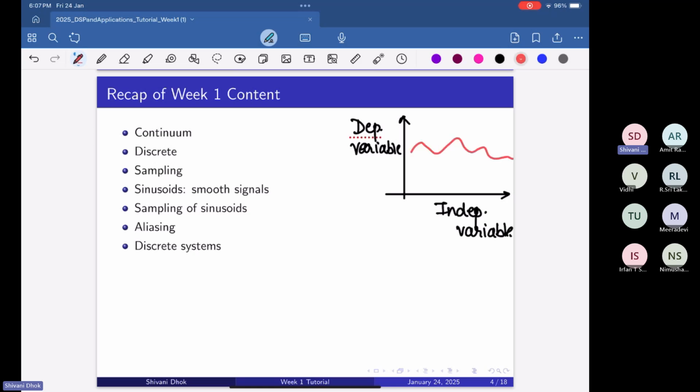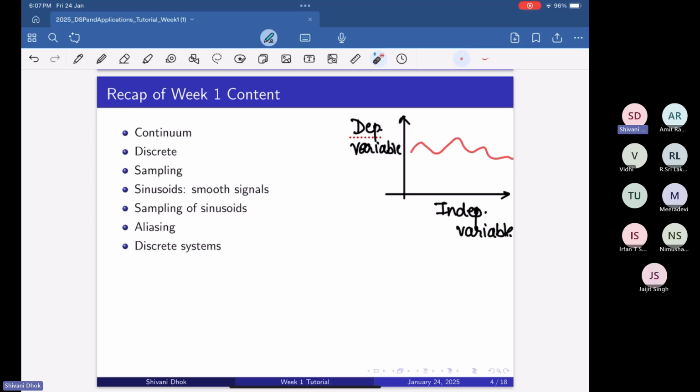For example, if I have my voice, then the fluctuation in my voice level or volume is my dependent variable, which is changing with respect to the independent variable of time. This can vary based on different scenarios. For example, an image is change of light intensity across space. Video is change of light intensity across space as well as across time, and so on.